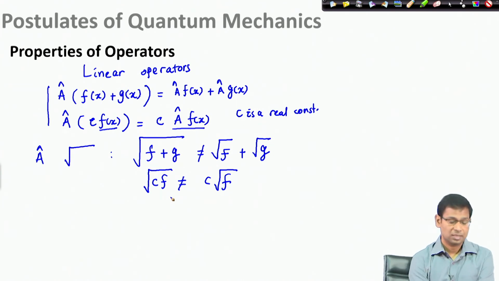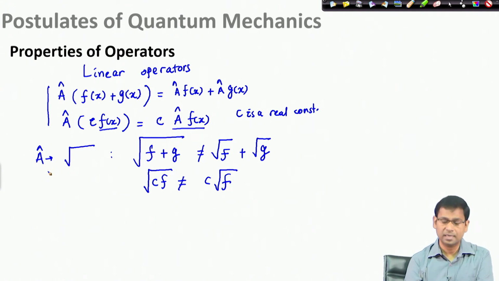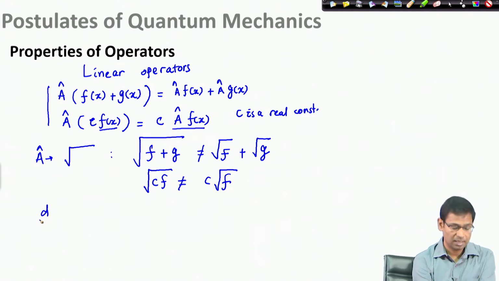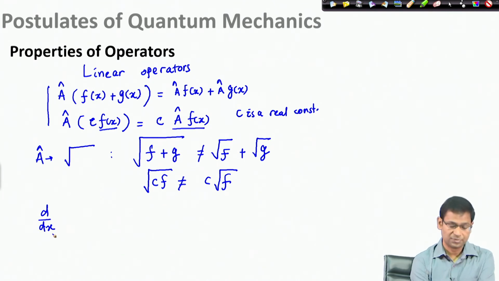Similarly, you can show that if the operator A is a square operator instead of a square root operator, which would simply square the function, that also would not be a linear operator. Now, we will take an example as d by dx. Is this a linear operator? Let us find out. Suppose we check the first condition, d by dx acts on f of x plus g of x.